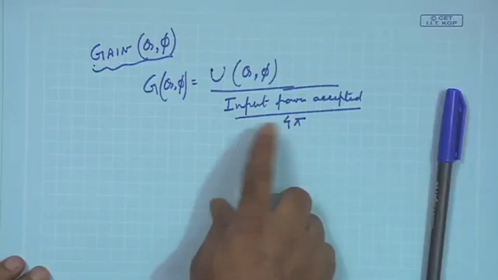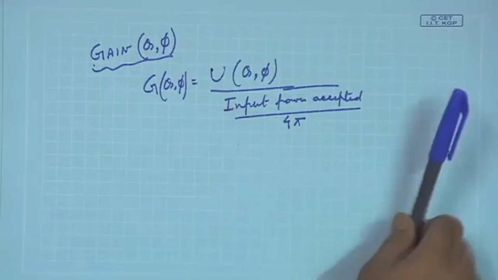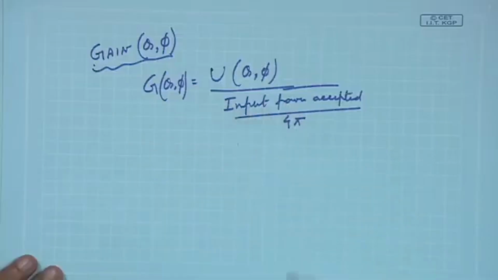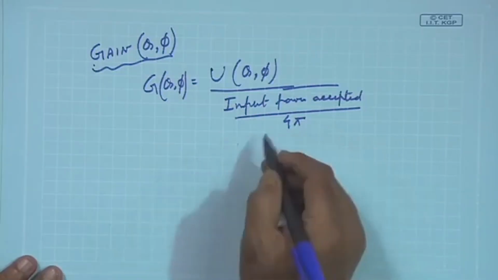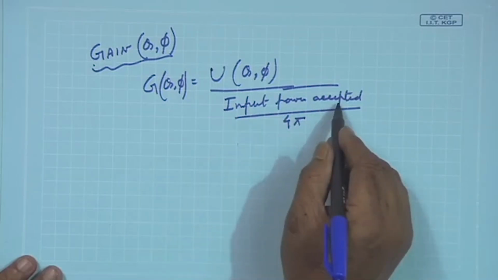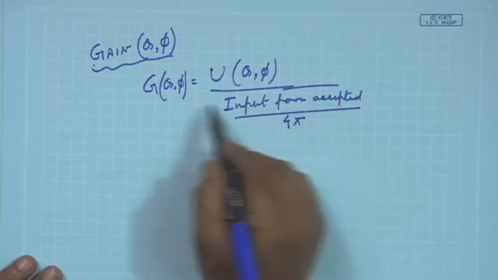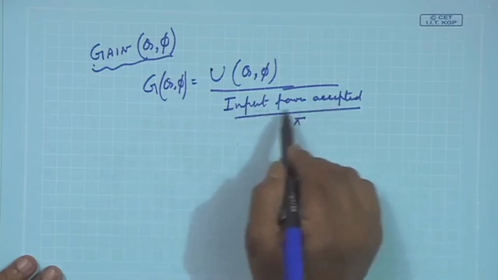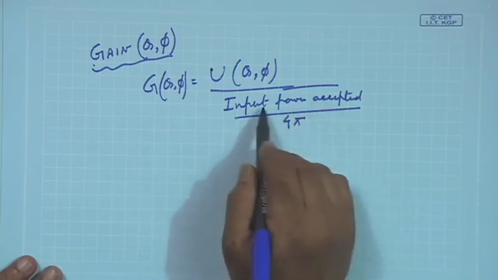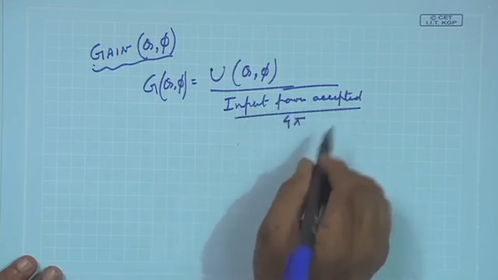If you look at the two expressions, you see the change taking place here: in directivity we wrote total power radiated, and here we write input power accepted.